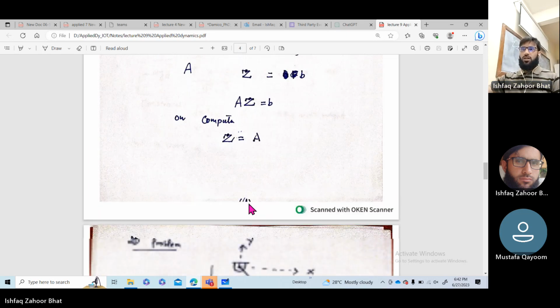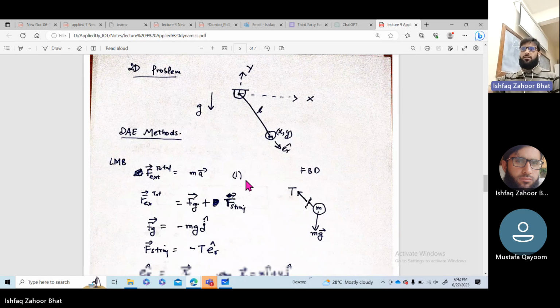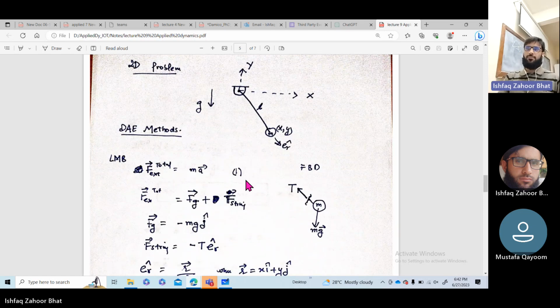Let us now go to a famous example, the pendulum example, and see how this DAE approach can solve the pendulum problem. Is everything clear? Any question? Any confusion?